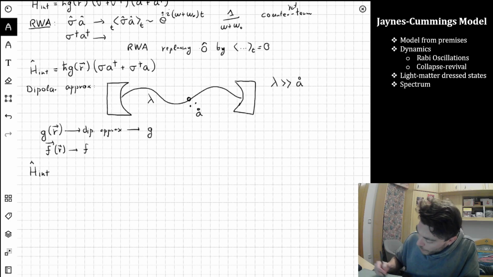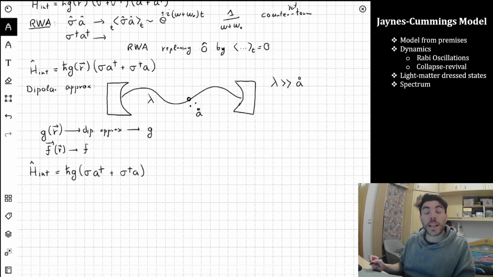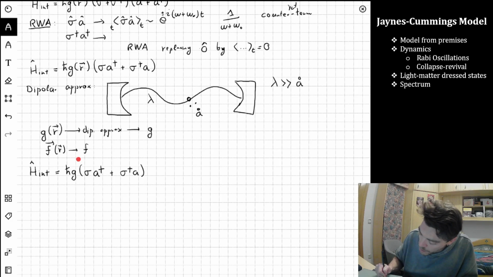But for now, under these approximations, the Hamiltonian of the interaction is simply ħ g (σa† + σ†a), where again all the details about the specific atom, the specific interaction, and the specific cavity and light you are using are inside this g.